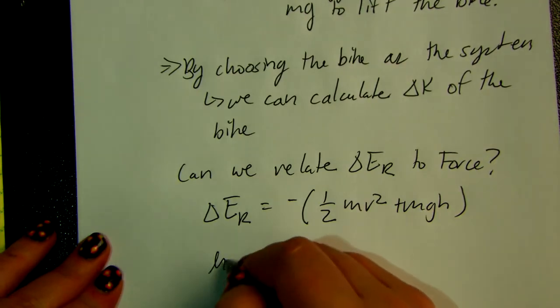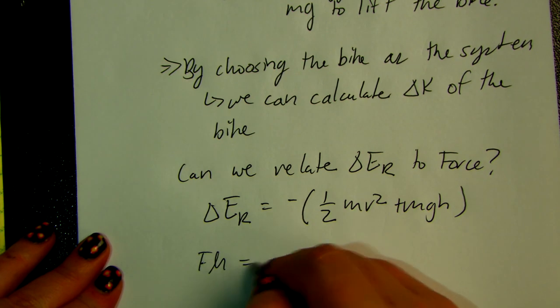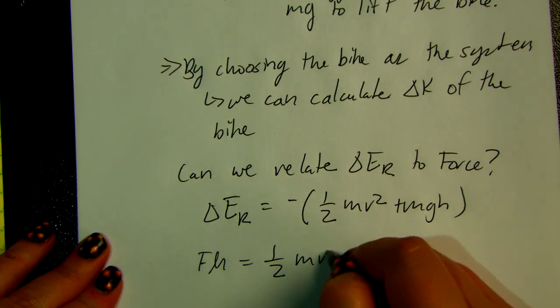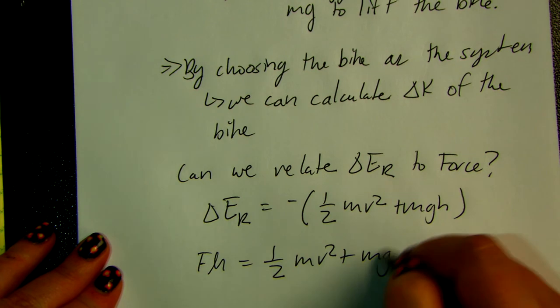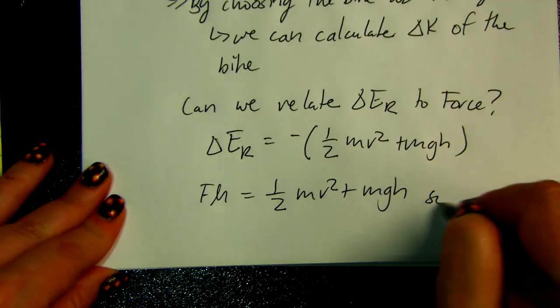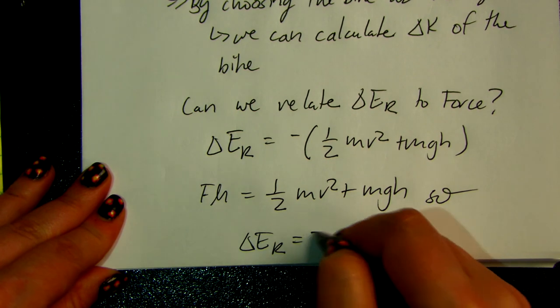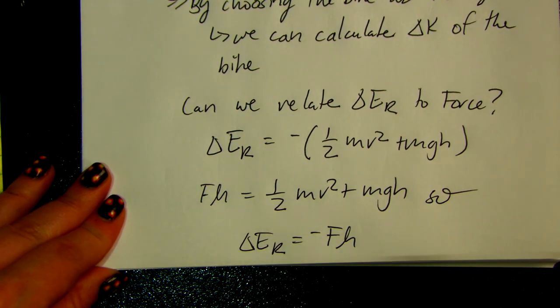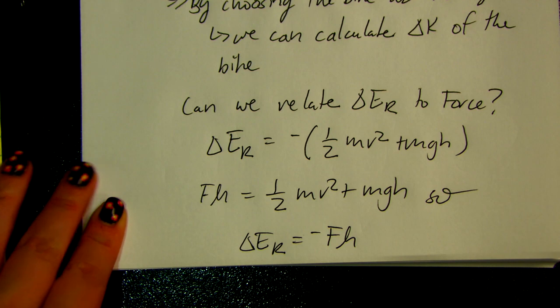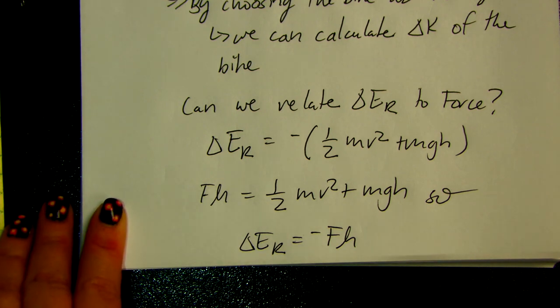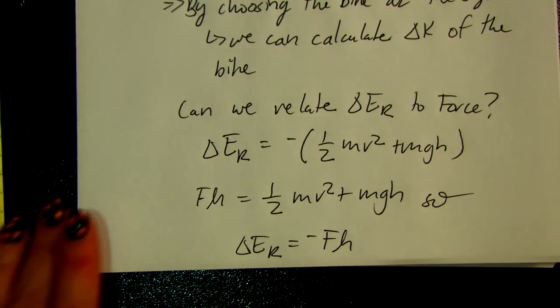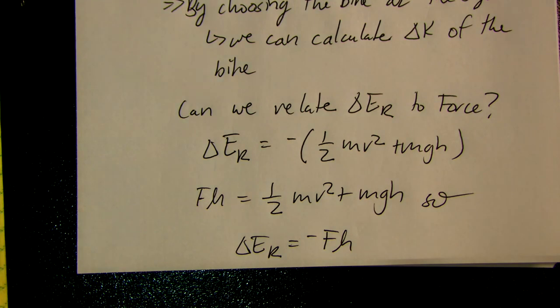And we have that Fh is equal to 1/2 mv squared plus mgh. So the change of energy of the racer is equal to minus Fh, basically work. And the sign makes sense because she must be losing energy to exert that force to lift the bike.